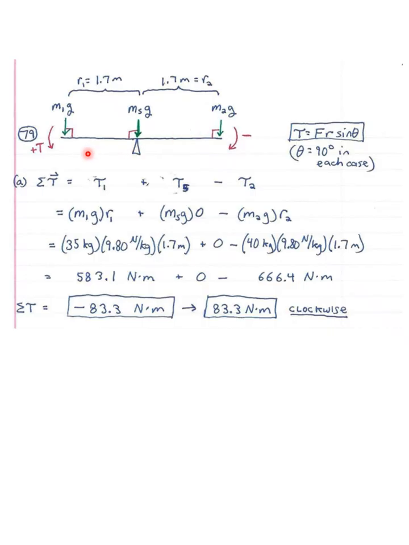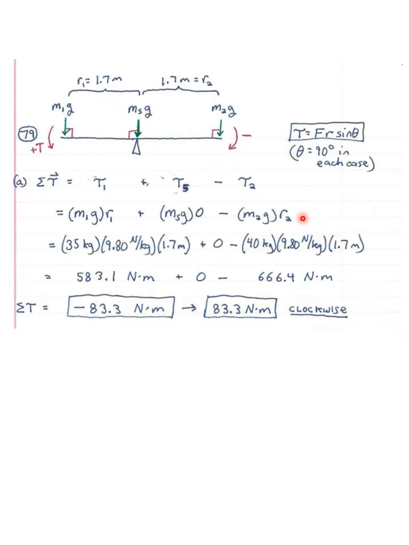The sum of all the torques, the net torque is, we take the positive, which is torque 1, plus torque of the seesaw, and then the negative, so minus torque 2, because it's in that negative direction. Then we plug in the values, force times lever arm, so m1 g r1, plus mass of the seesaw g times lever arm of 0, minus m2 g r2.